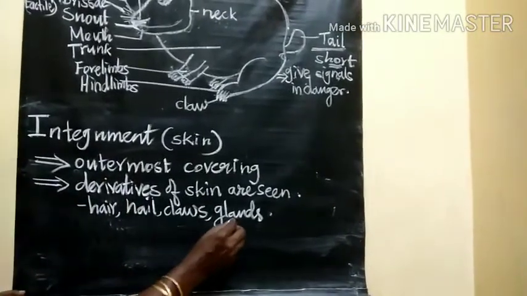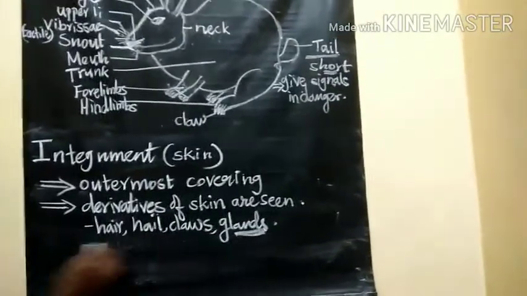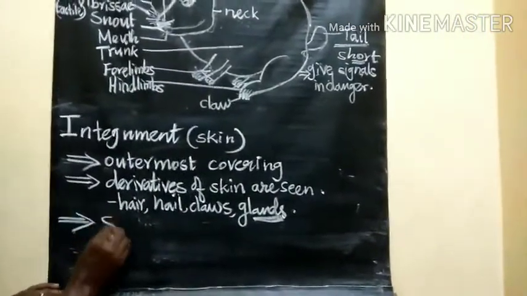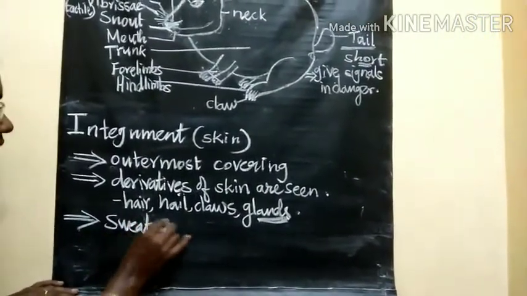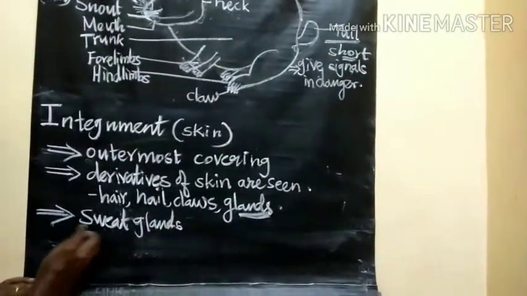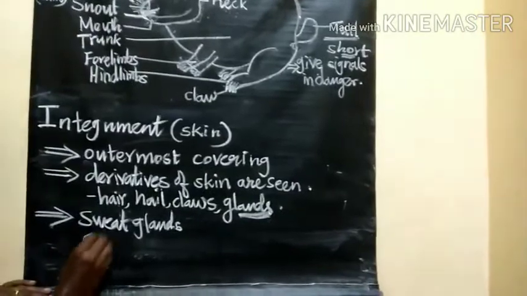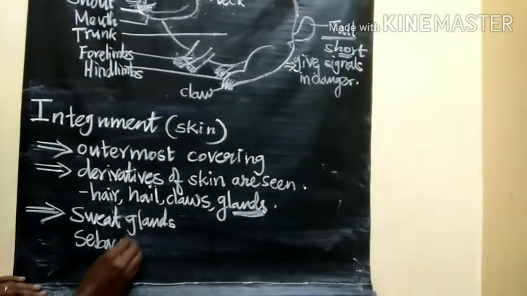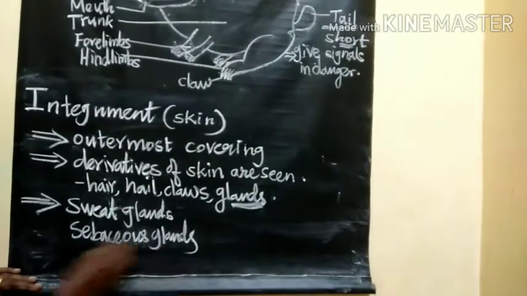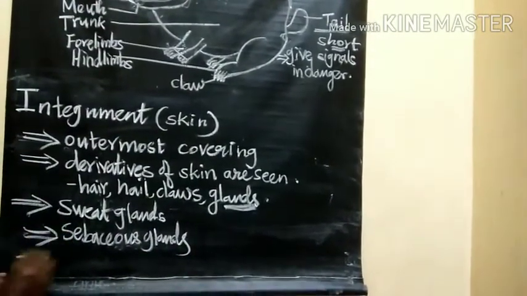And the important thing is glands. There are 3 different types of glands seen. They are the sweat glands, sebaceous glands and mammary glands.